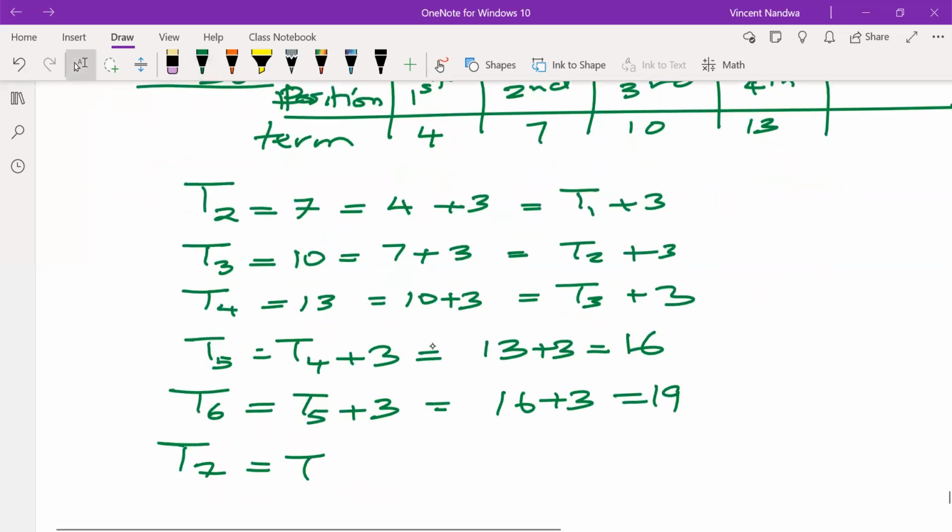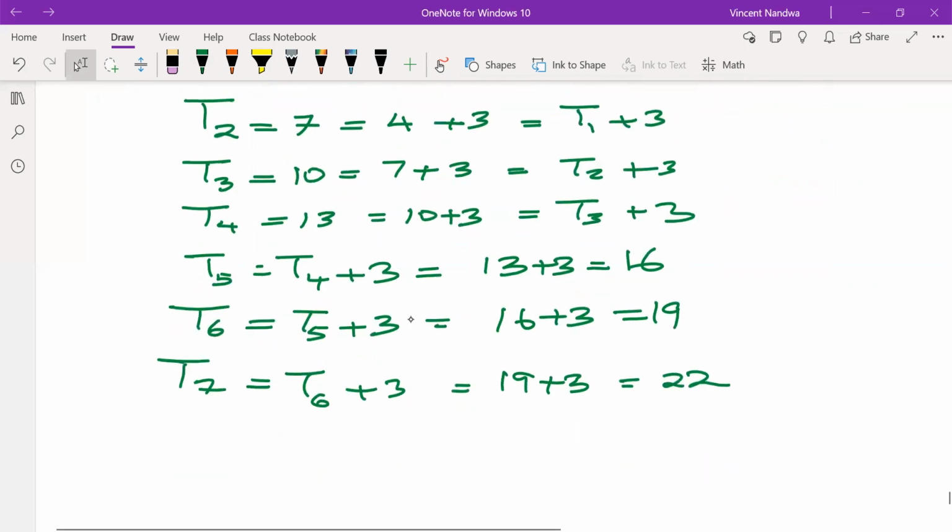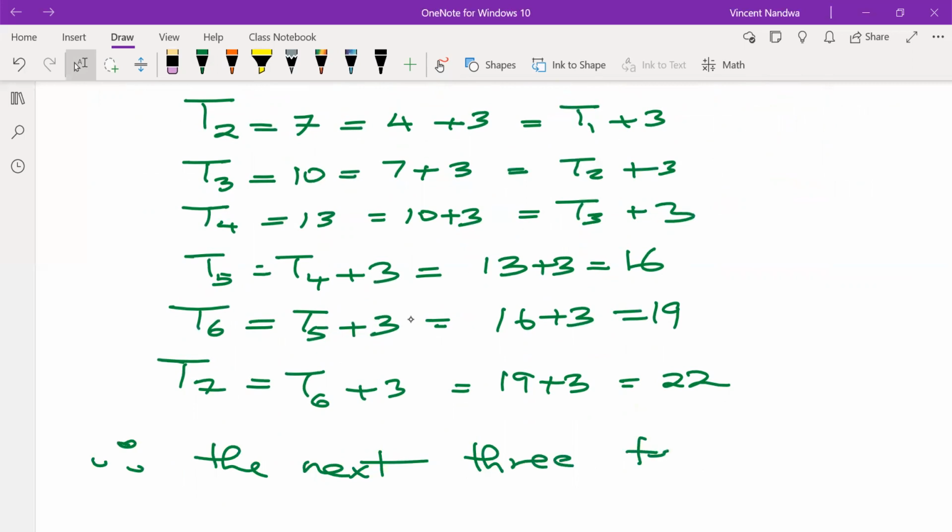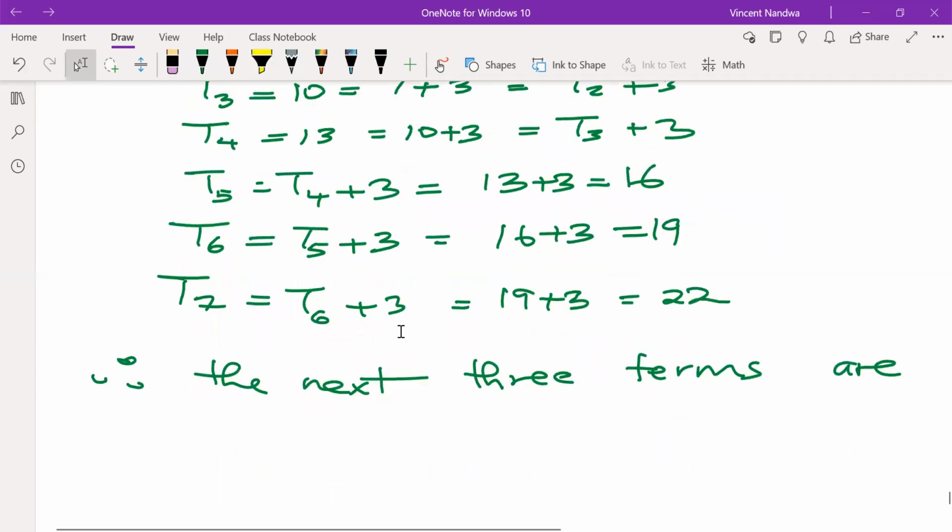T7 will be T6 plus 3, which will be 19 plus 3, which is 22. So therefore, the next three terms are 16, 19, and 22.